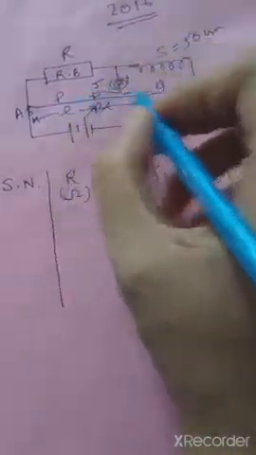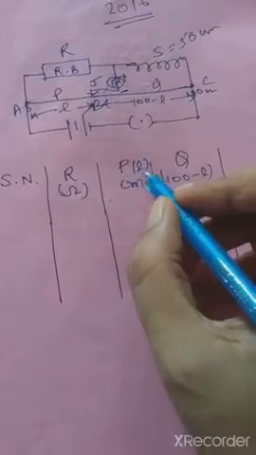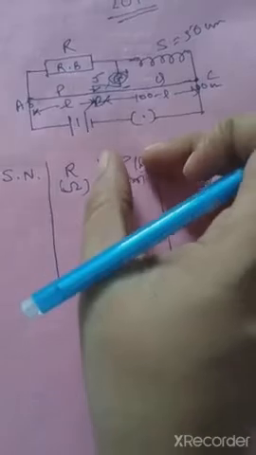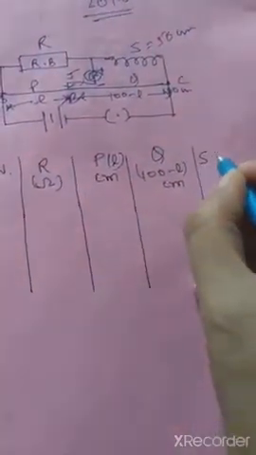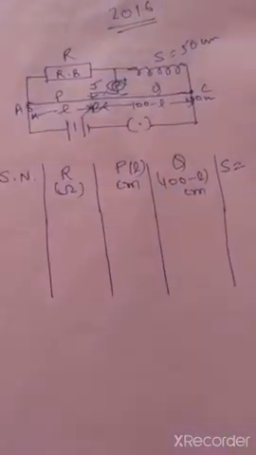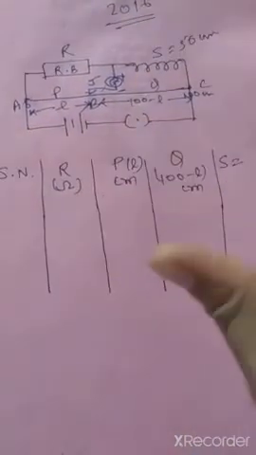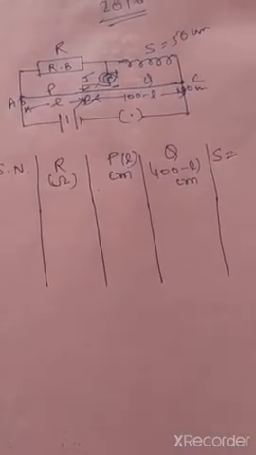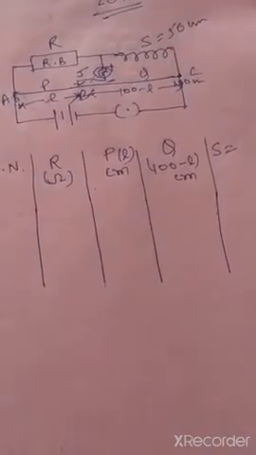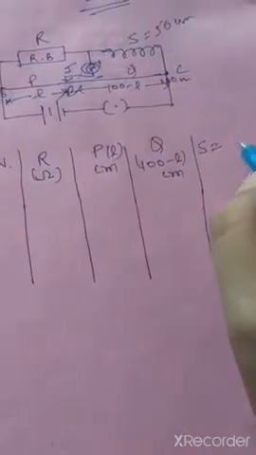If P and Q are not written, then you make only L and 100 minus L. Or they will give AB or BC, so you write AB, BC and then L and 100 minus L, and here it will be your S, and the S formula will be given to you. This is not the general formula, I am telling you, they change the formula in the board examination to find out the value of S. So the formula that is given in the question paper, by that you will find. Here the formula that we will use is R into 100 minus L upon L.